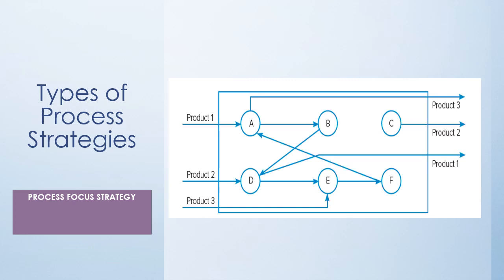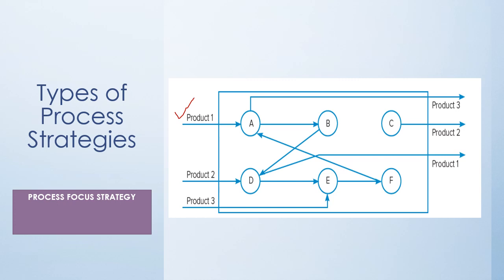Okay, as you can see from here, this is where we can see the jumble production process or jumble production flow. Okay, let's say customer A comes to order product 1. Okay, let's say the magazine. So the company will decide the process flow for the magazine production or magazine printing. That is product 1.